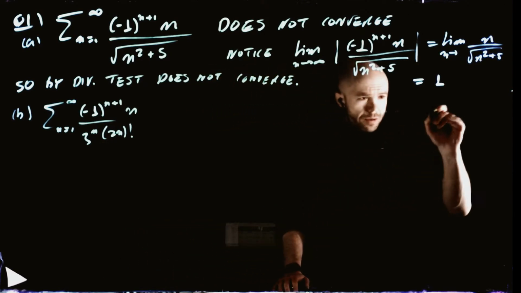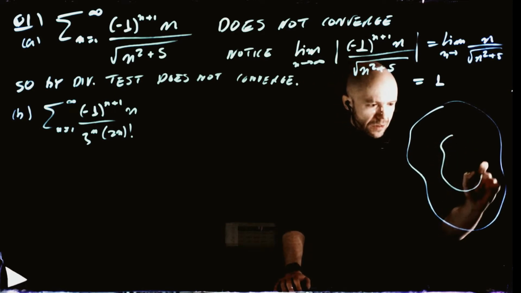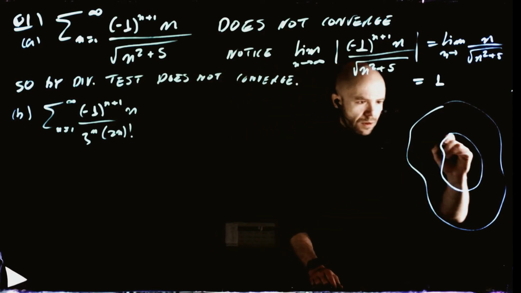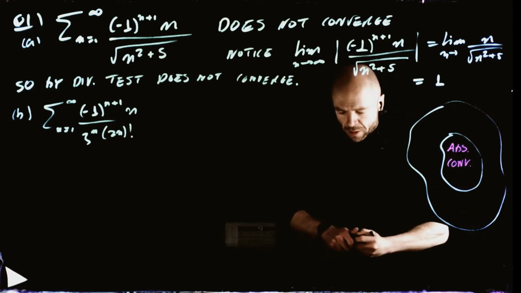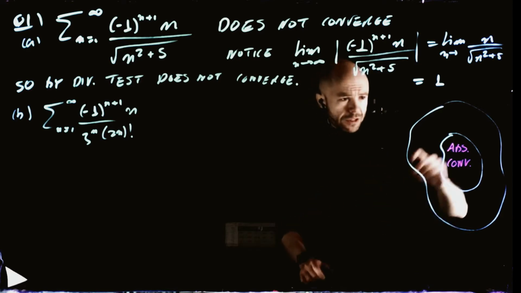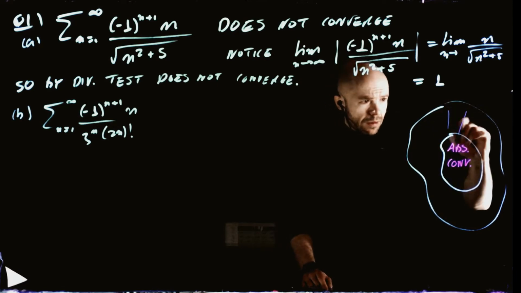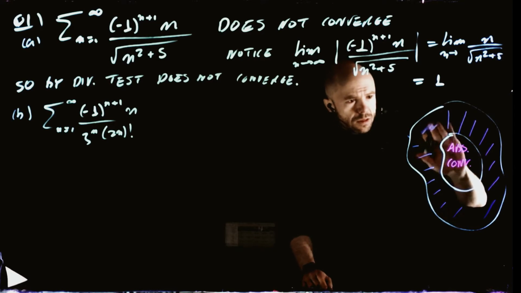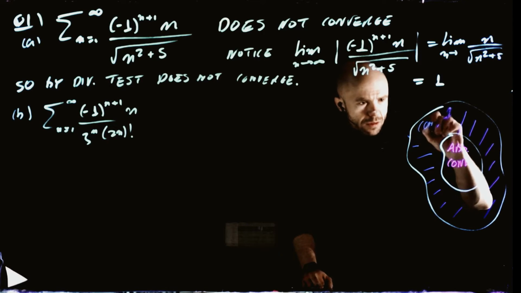So recall our picture. If this blob denotes everything that converges, there is a strict subset of things that converge absolutely. It's a stronger condition. And those guys around the outside, these things we call conditionally converging. So things that converge but do not converge absolutely. So these guys here, this is conditional convergence.